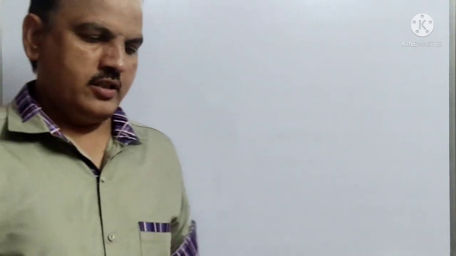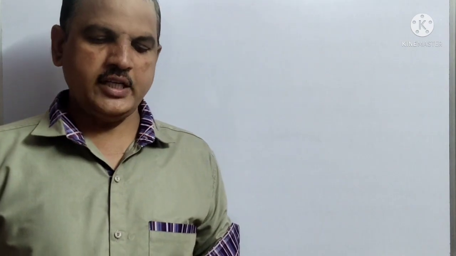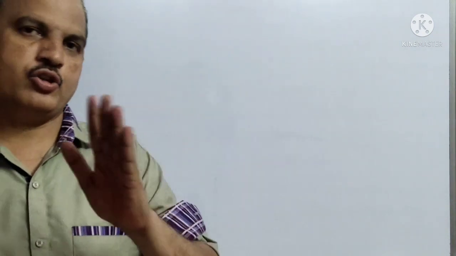Fourth question, that is the sum of the reciprocals of Rahman's age. The sum of the reciprocals of Rahman's age in years 3 years ago and 5 years from now is 1 by 3. Find his present age. Actually, this type of sums, till the end of the question you read.